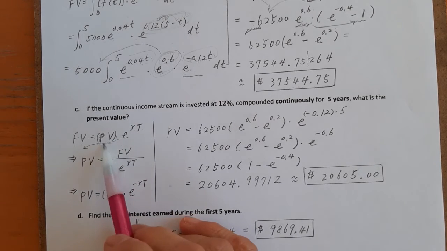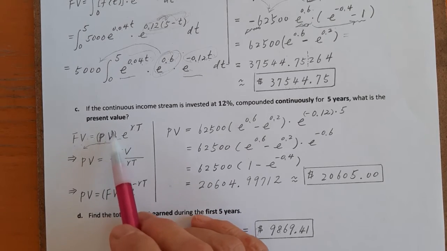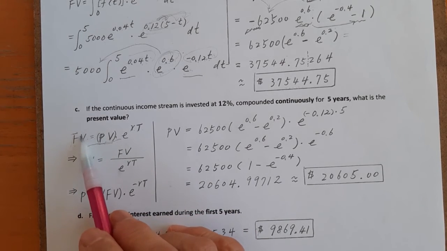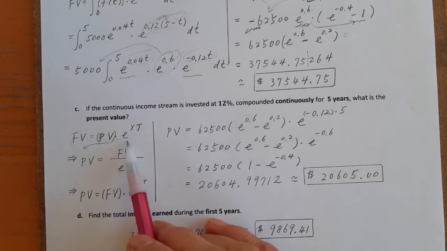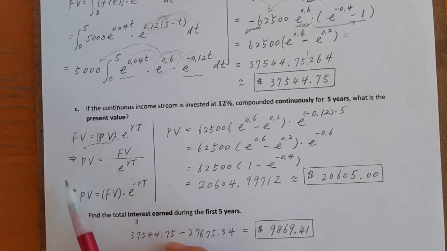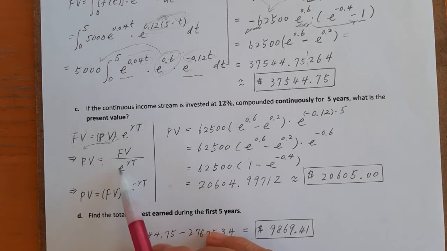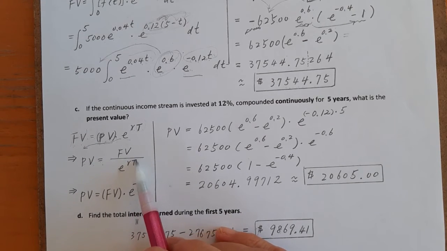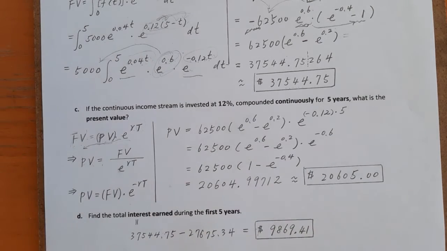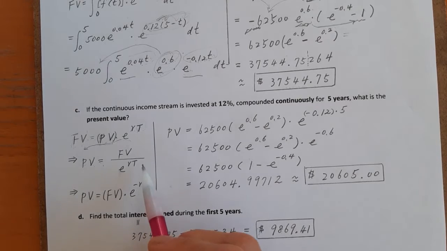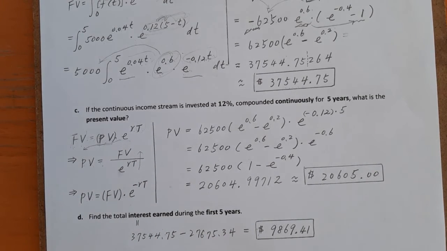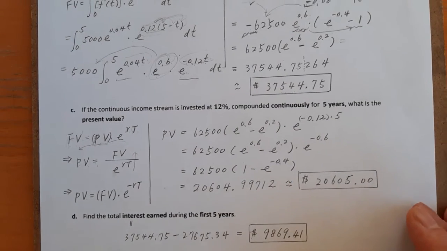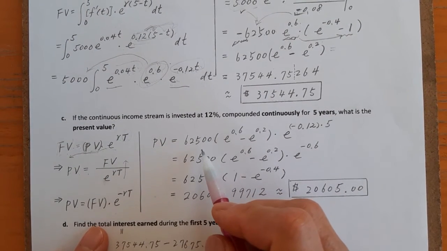This is the initial value, we call it present value, and the future value is the amount after t years. So you divide it and you get the present value: present value equals future value divided by e to the power RT. Now here t is 5 years. So move it up, change to a negative sign, negative exponent rule. So present value equals future value times e to the power negative RT.